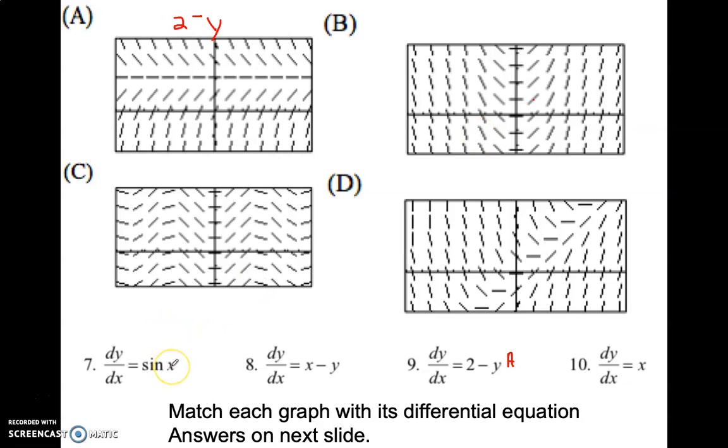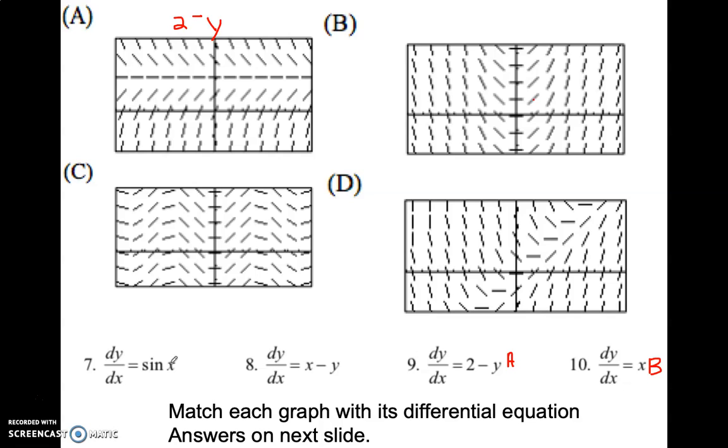Over here, if you put in a 1 for x, you're getting the sine of 1, which is definitely not 1. And that looks like a slope of 1 to me, so I'm going to say that this one is probably letter B. Which is pretty useful because now I'm going to be able to say this is the other equation that only has an x in it.